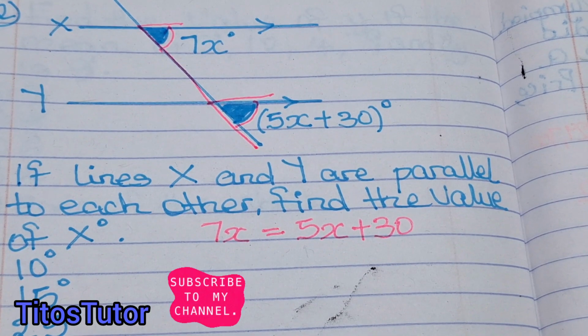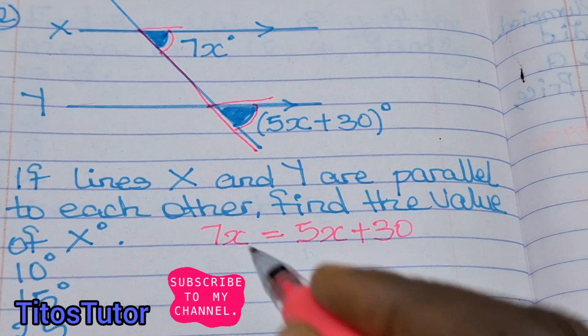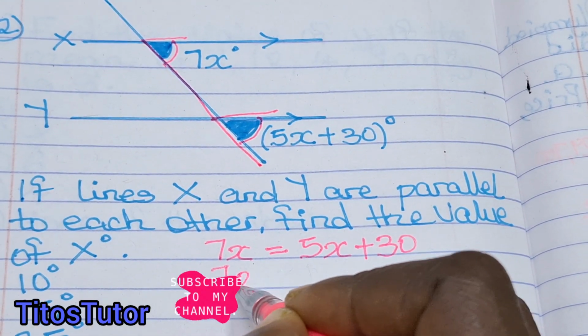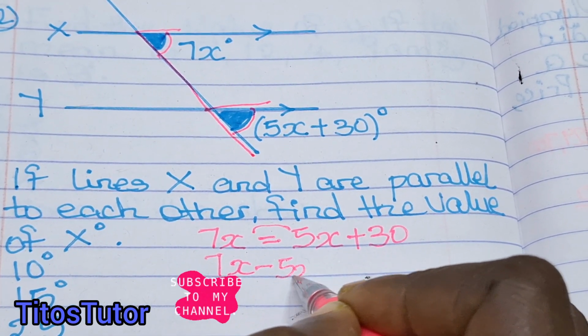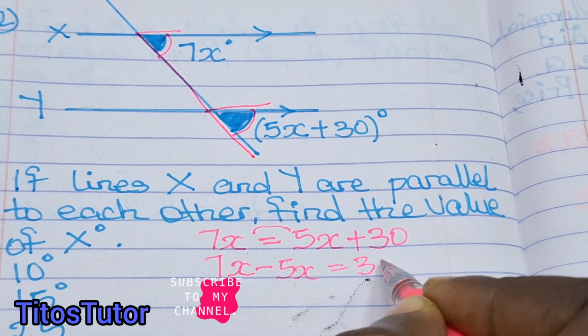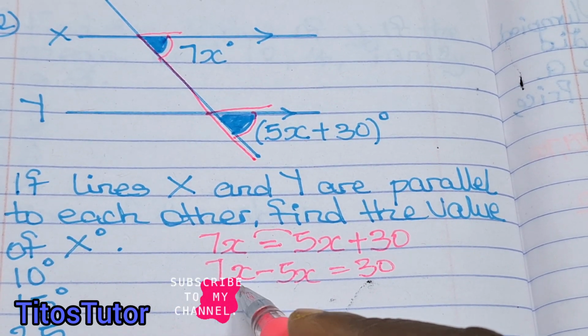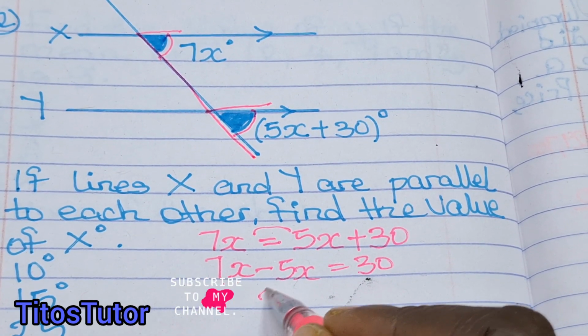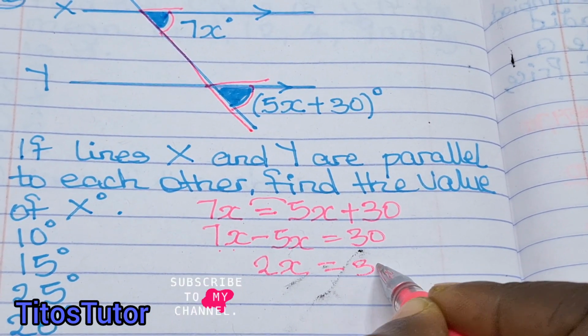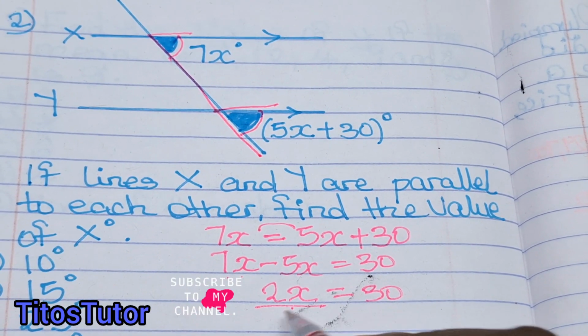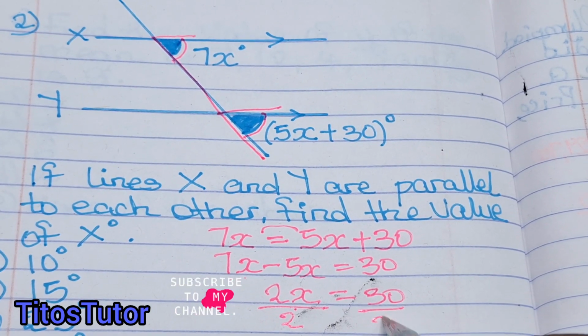So all I need to do is solve for x. Okay, so I'm going to bring 5x to the other side. It becomes minus 5x, and 30 stays where it is. So 7x minus 5x is 2x, is equal to 30. I'm looking for x, so I divide this by 2 and divide this by 2.